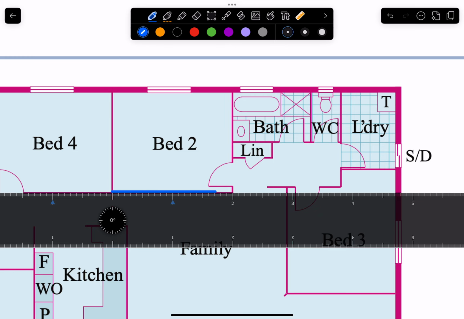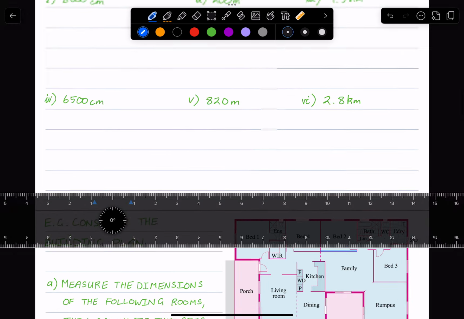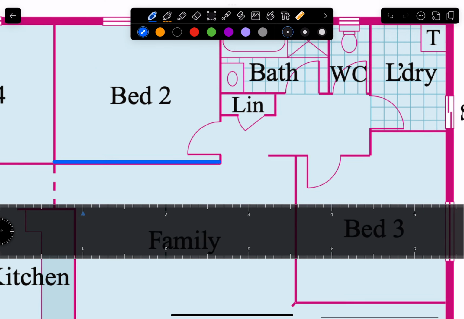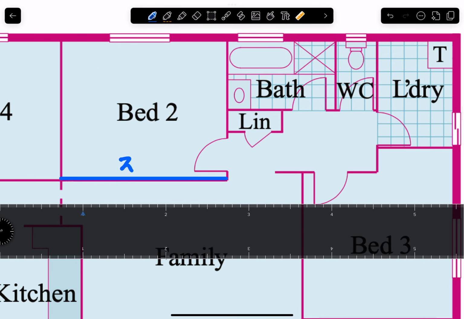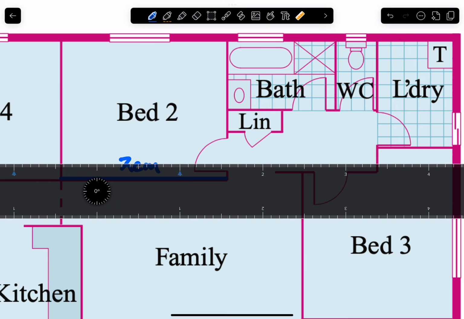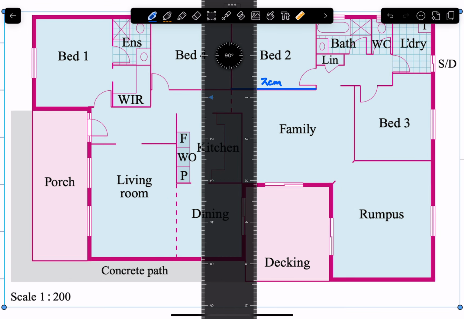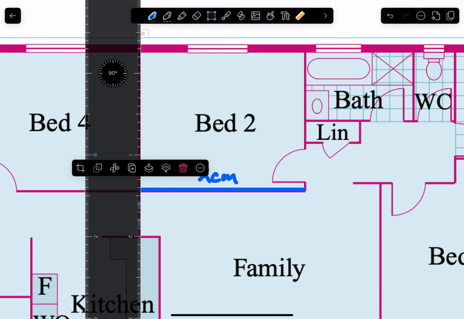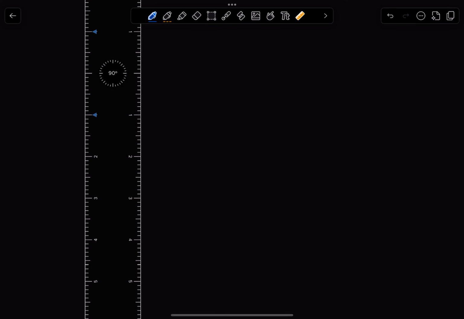Did I ask for bedroom 2? Yes, bedroom 2. So 2 centimeters. Let's calculate its height or width, whatever we want to call it.